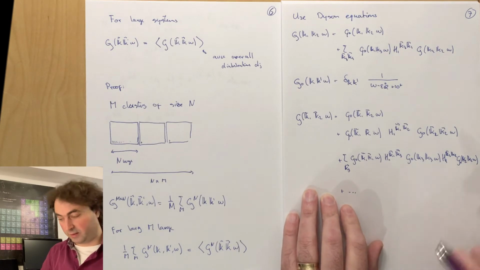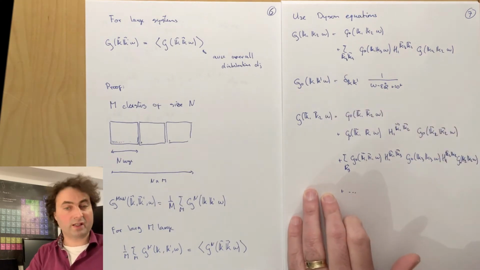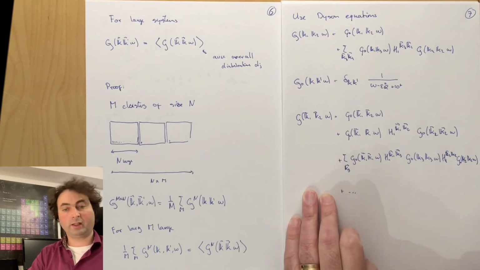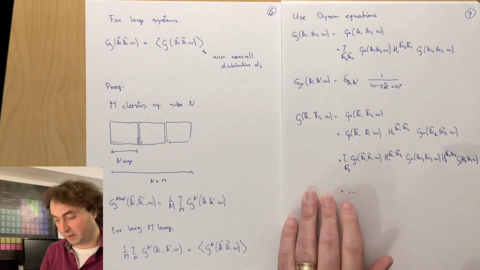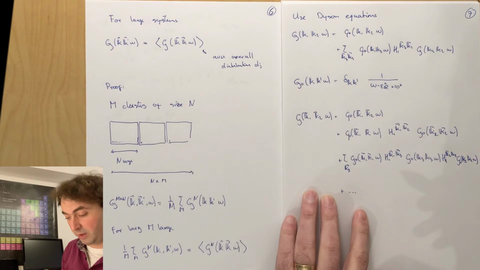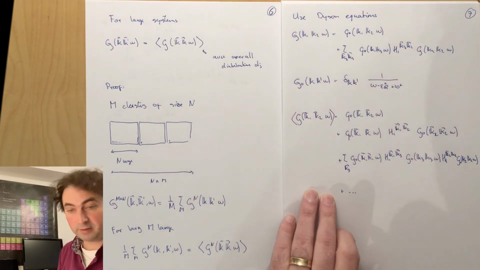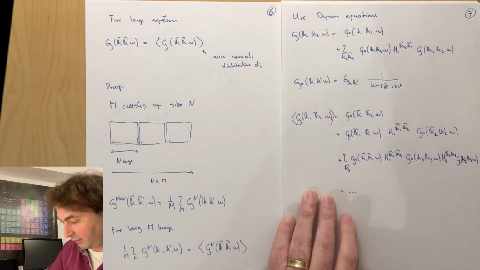Now we're not interested in the Green's function for a specific realization of random distributions, but we can calculate the Green's function for the average over all possible realizations, because if our system is large enough, they become equivalent. So we can make here an average over all possible realizations of the crystal momentum.